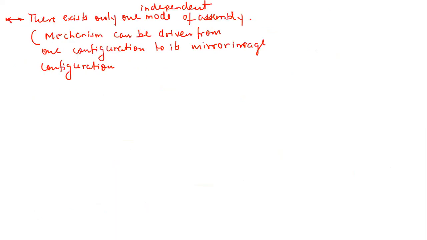So is it clear? Let me make this more clear. What do you mean by one mode of assembly? Let's say we talk of a Grashoff's kinematic chain. I assembled a Grashoff's kinematic chain in this way, so this is, let's say, mode 1.